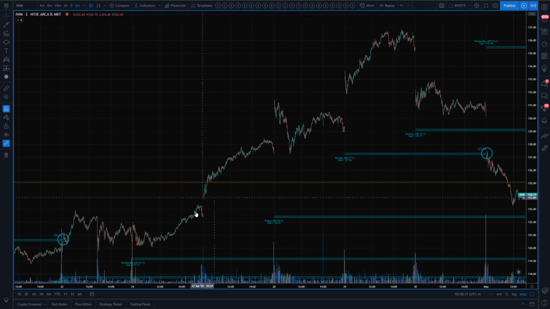And then the next day on this was a Friday. The next day, the next session on a Monday, there was a gap and go. The price just gapped up and kept going and never revisited this area down here. It never revisited this price.